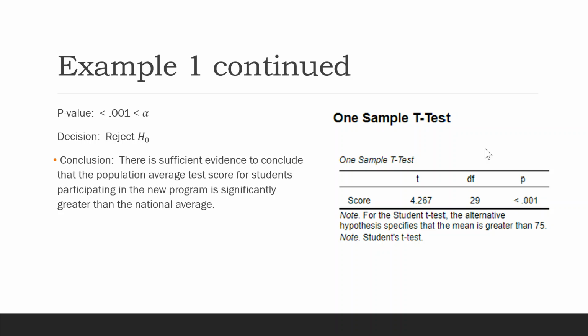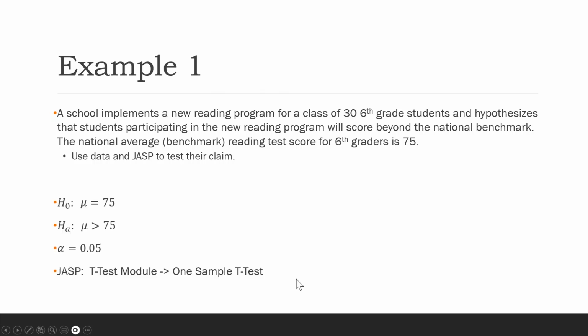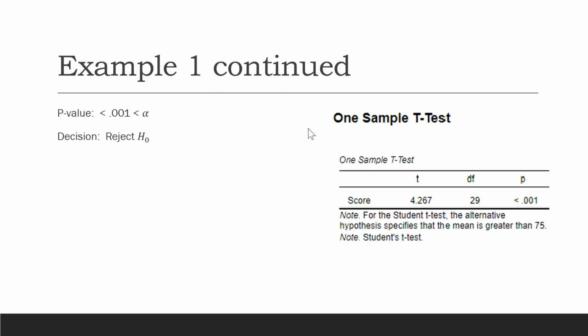So I added this term here, the population average test score for students participating in the program is significantly greater than 75. The way I had it written, it made it seem like I was talking about this class of 30 sixth grade students, when in reality, I'm talking about the population of sixth grade students who participate in the reading program like these students participated here. All right. So I want that to be clear.